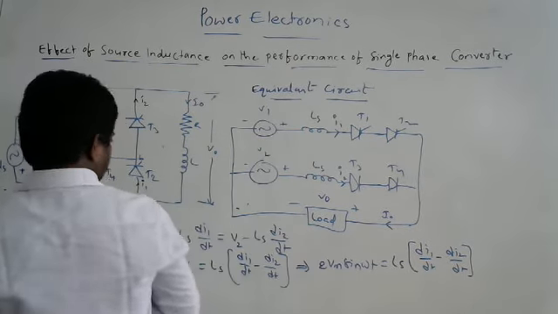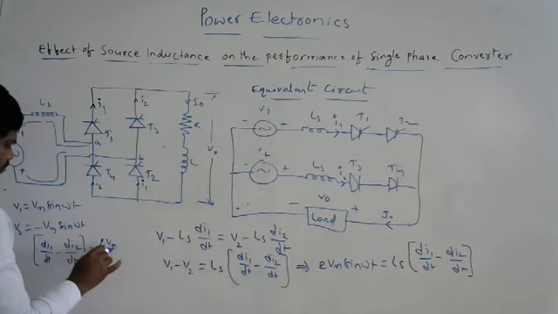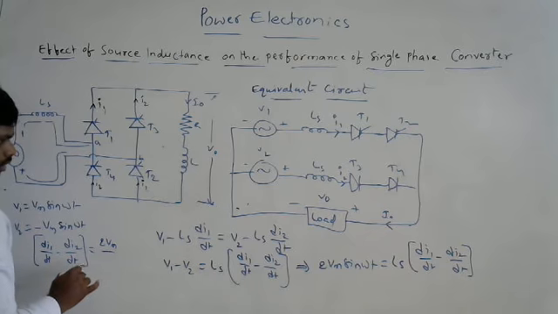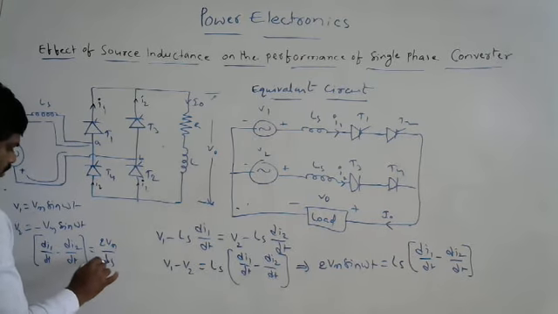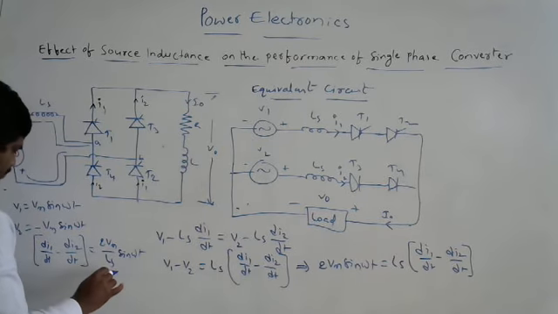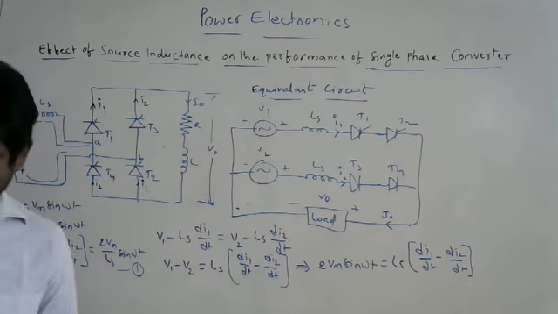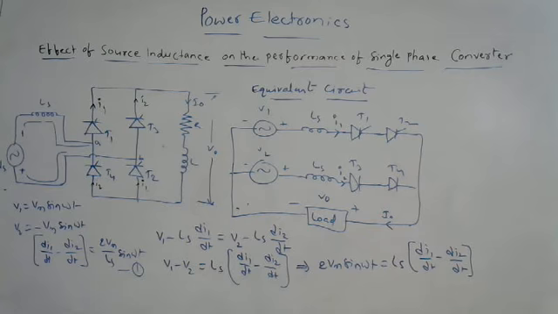So from this, we can get the equation for di1 upon dt minus di2 upon dt is equal to, bring the Ls to the left side, 2Vm by Ls sin omega t. Look at this, sin omega t. This is the basic equation to be remembered as equation number 1. Okay, continuing, we'll see the next equations.